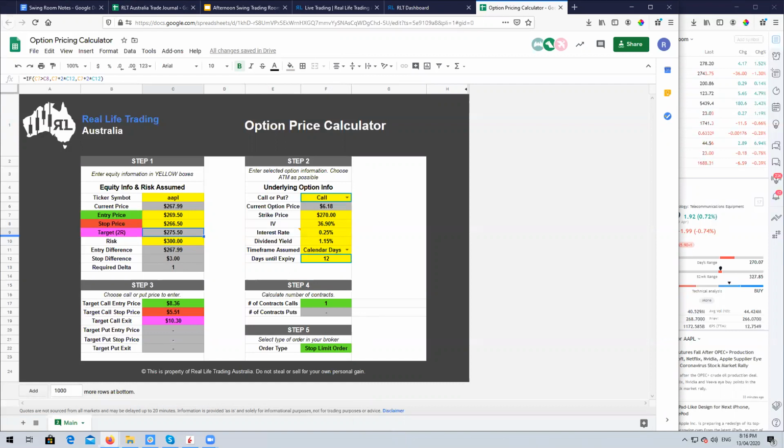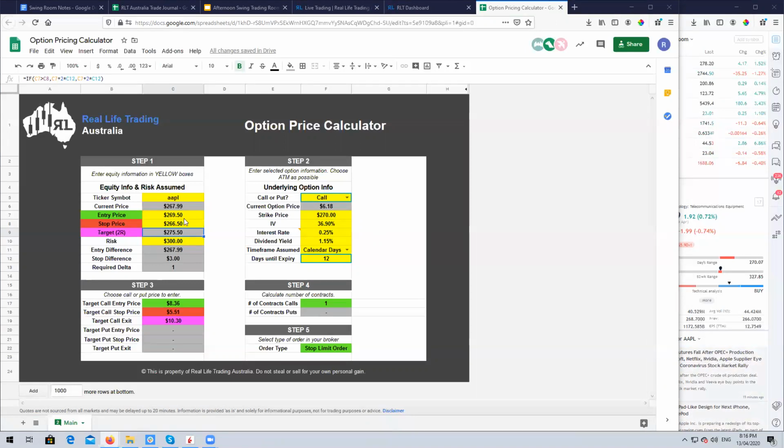Yeah, so that makes sense. All right. So here it tells you what the current option price is, which is 618. The strike price that you're choosing to buy, and the entry price of what the option price will be once we reach 269.